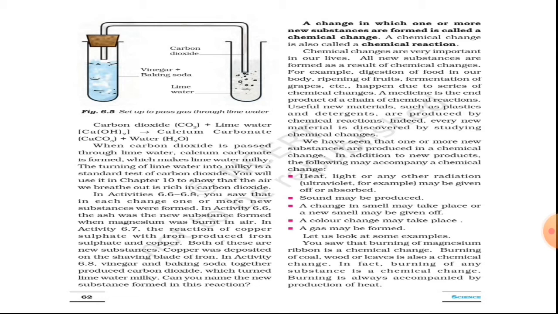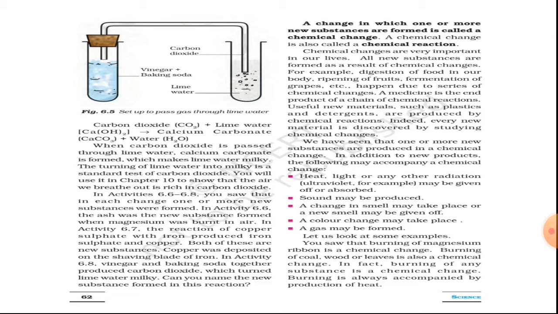When a medicine comes to the market as a product, there is a chain of chemical reactions present in the preparation process of medicines. Even plastic and so many artificial synthetic materials that we prepare in industries are all related to chemical changes, and these chemical changes also accompany other changes, like heat evolution and light evolution.